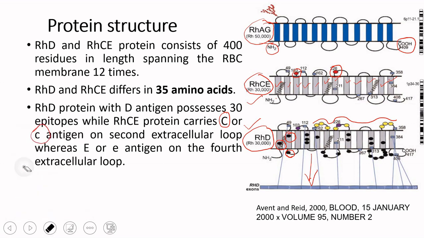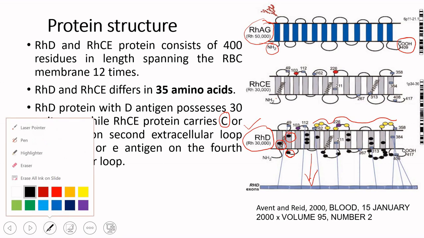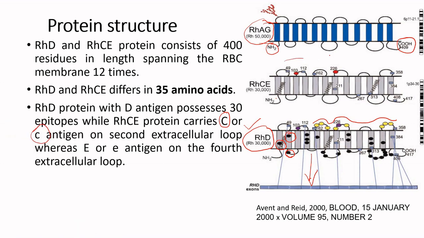Extracellular means outside of the RBC, and intracellular, this one is the part known as extracellular, and this particular part is intracellular. So in the case of RHCE, this loop is extracellular. This is the first loop, this is the second loop, and this one is the third and fourth loop.